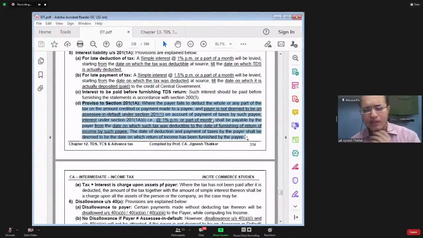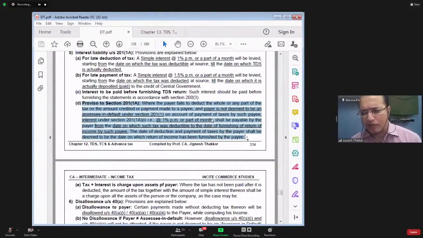Say for example, on 5,000 TDS amount, 2 months interest at 1.5% will be 3%. So 3% of 5,000 will be 150 rupees. Yes. 150 rupees will be the amount of interest for delay in payment of tax.